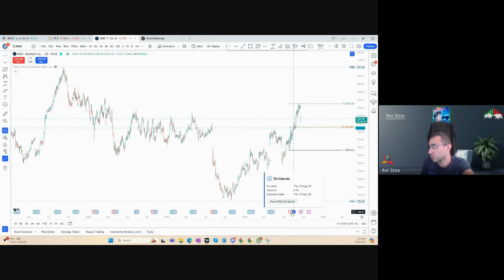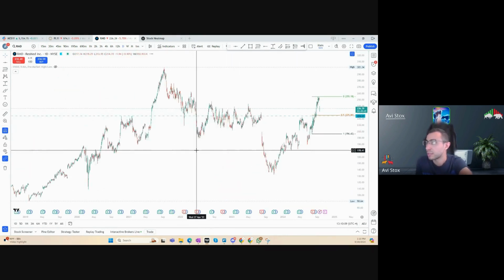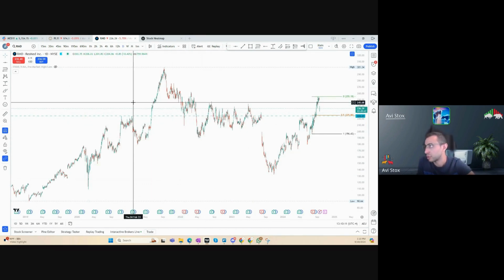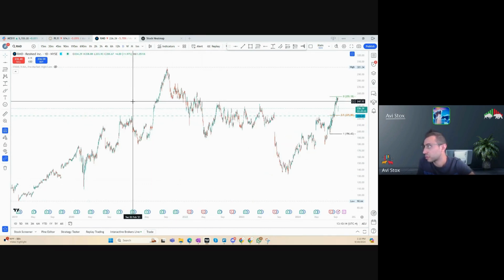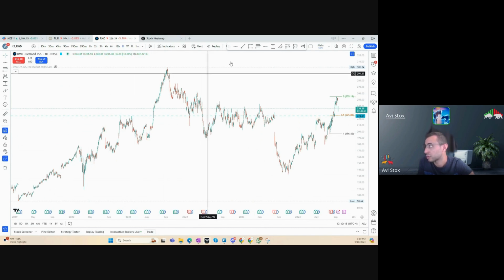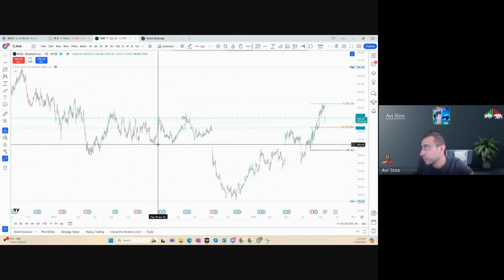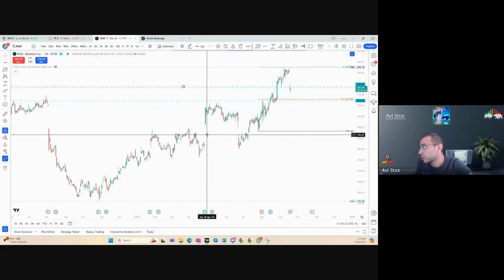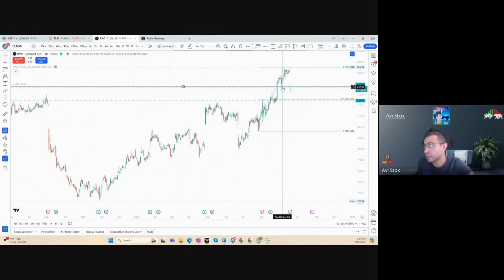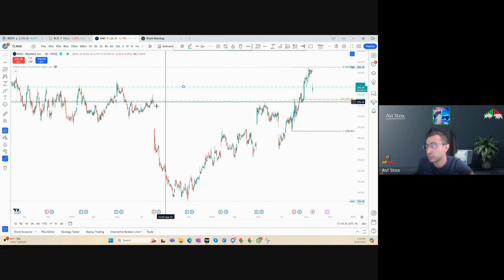Let's look at more recent, 53 cents. So that's good. Okay, let's look here. We have this also as a support and resistance level. We can see it's made very nice here as well.